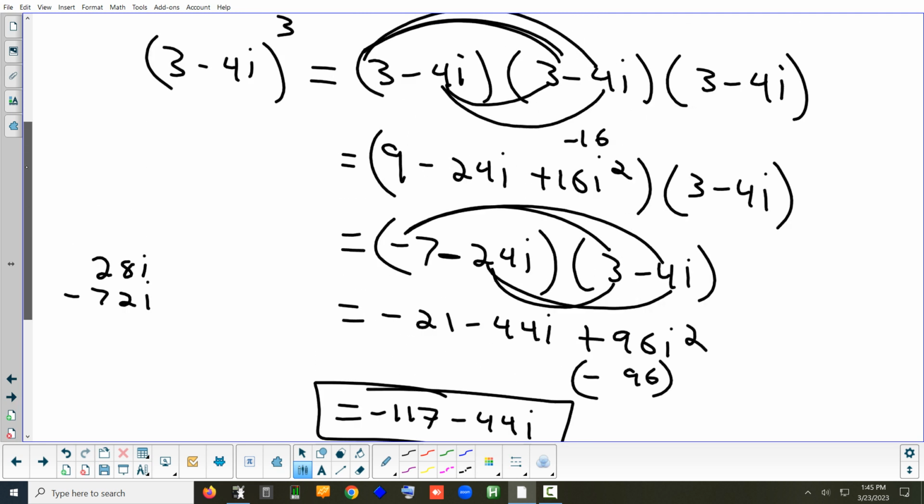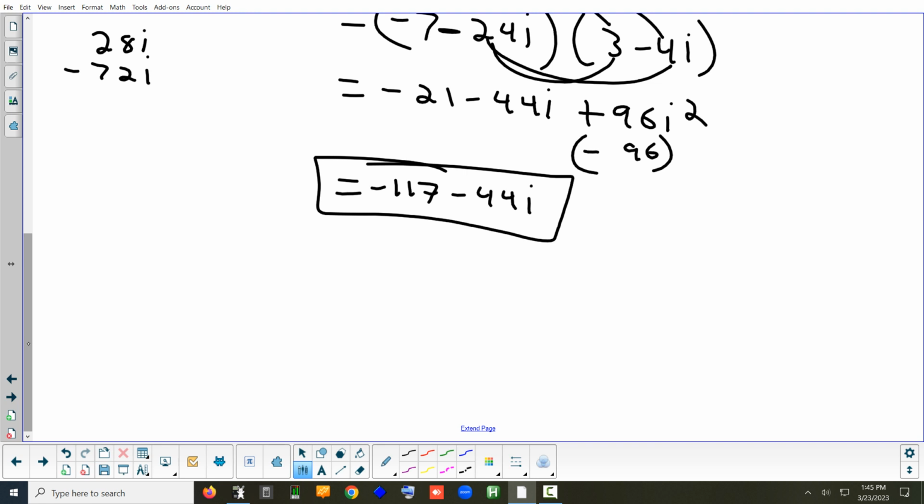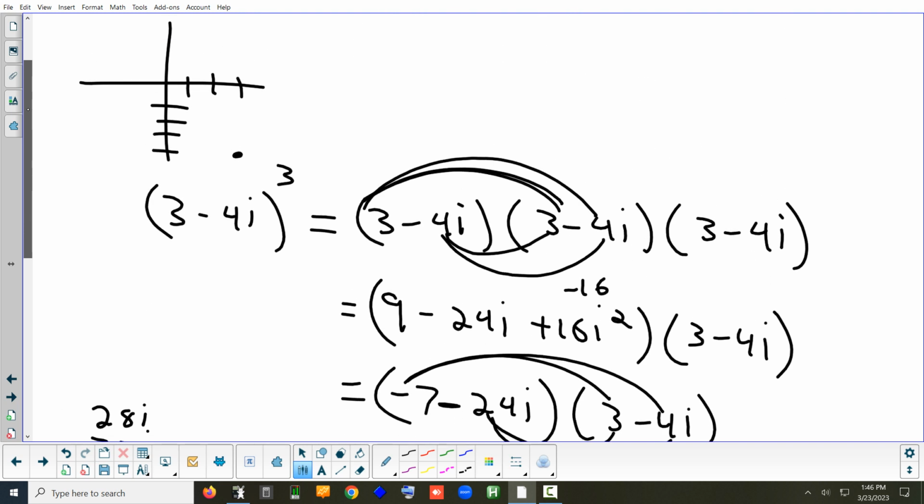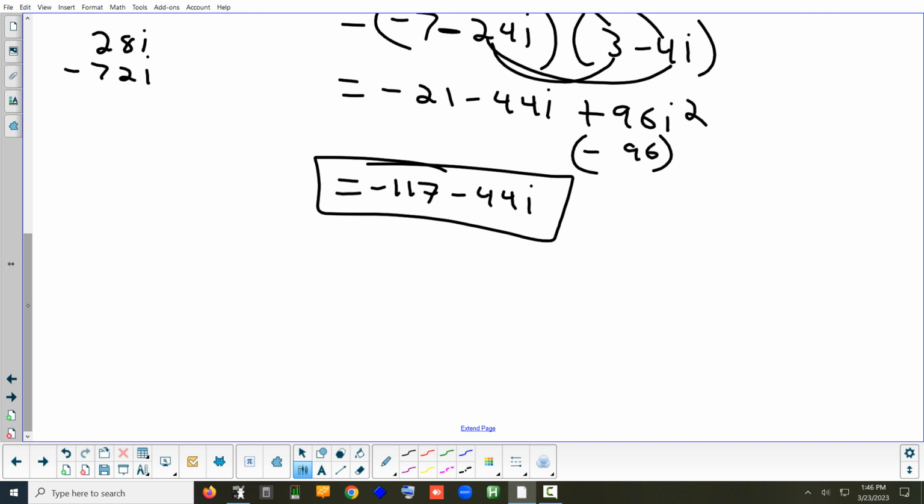Right. Now, I want to take that and put it in trig form. Because what I'm going to show you today is going to give you an answer to this exact same problem 10 times as fast as we just did it. But the answer you're going to get is going to be in trig form. So to compare it to this answer, we need it to be the same. Okay.